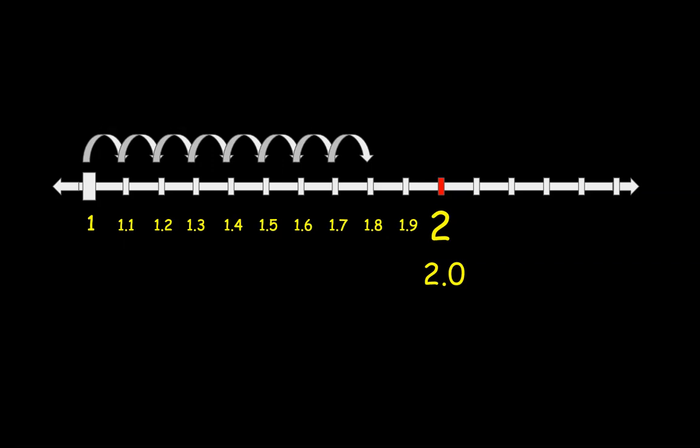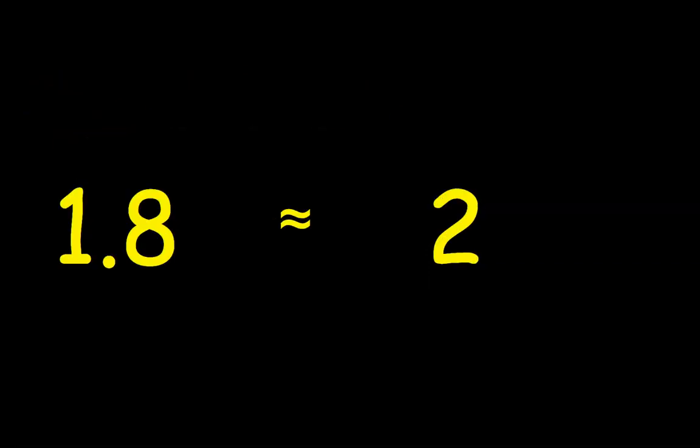Now, if we were asked to round 1.8 to the nearest whole number, which whole number is it closest to, 1 or 2? And the answer is that it's closer to 2. You can see that. So 1.8 is approximately equal to 2 when you round it off to the nearest whole number. So 1.8 rounded to the nearest whole number is 2 or 2.0. Up to you.